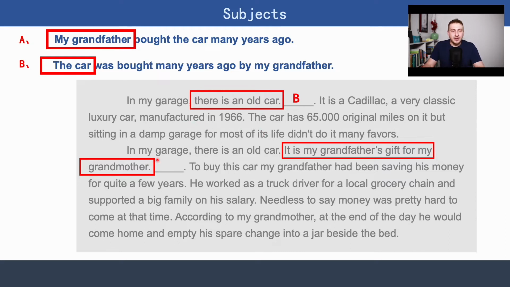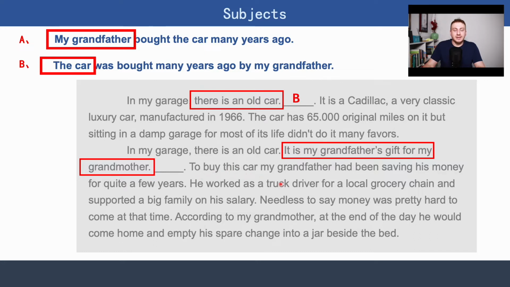The second paragraph we have, in my garage, there is an old car. It is my grandfather's gift for my grandmother. Now here, A is giving something to B. In our case, the subject is giving a gift to the object. To buy this car.